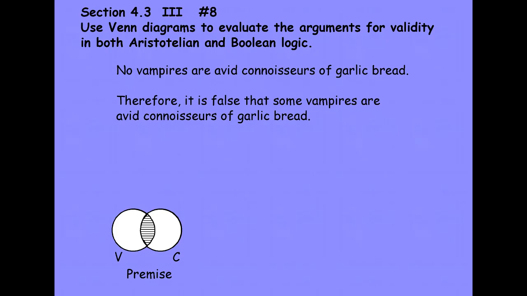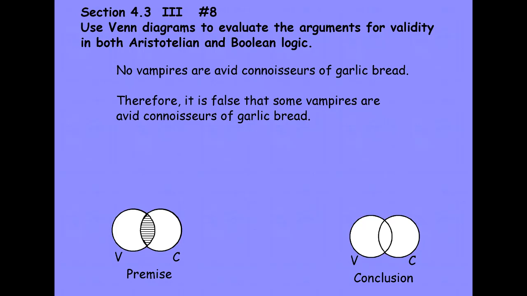Now let's turn to our conclusion. Draw our conclusion diagram in, subject class left, predicate class right, indicate that it's a conclusion diagram. Now for this conclusion, we've got an "it's false that" clause. And that tells us that the whole conclusion asserts that this standard form categorical statement, some vampires are avid connoisseurs of garlic bread, is in fact false.